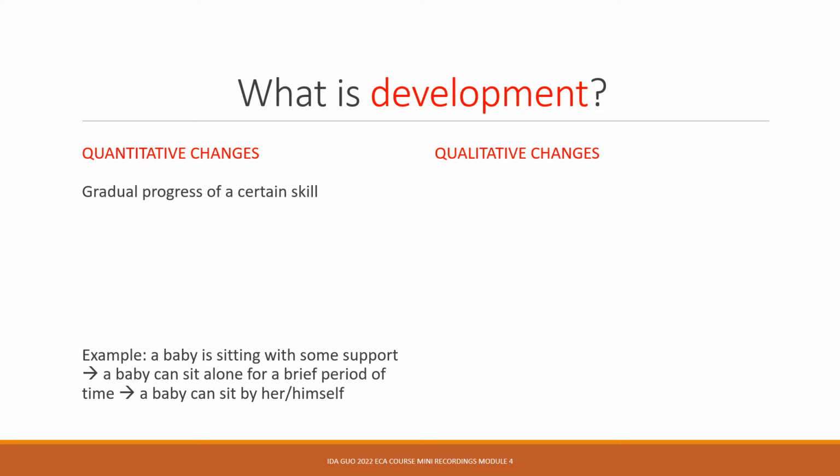Finally, the baby can sit by herself or himself. And that's just the sitting skill. And you'll see day by day the baby is getting better and better. And we need to really celebrate the little changes every day that our children have shown us.